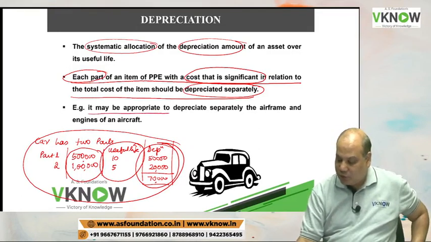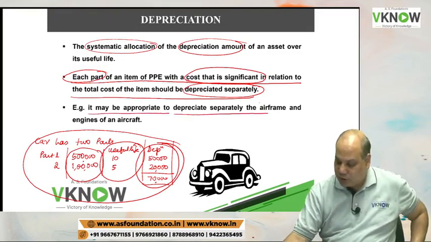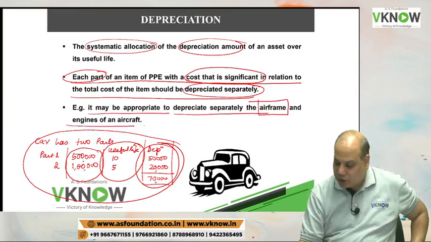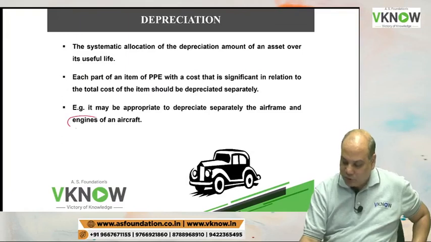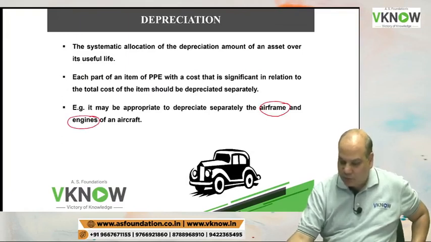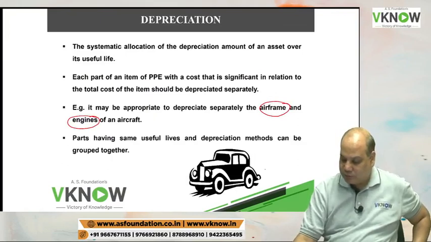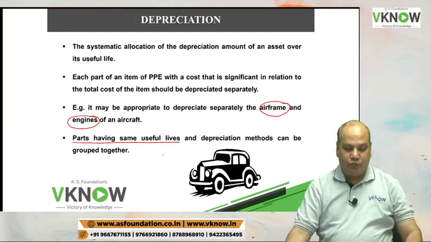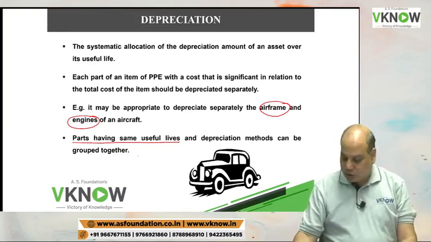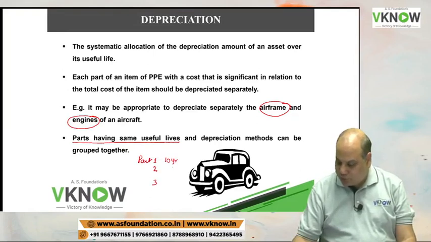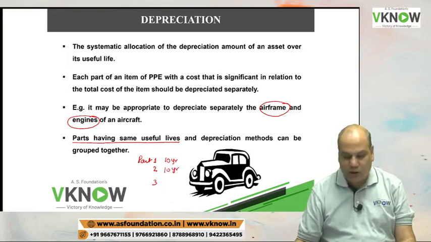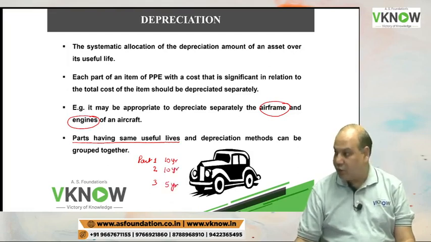For example, it may be appropriate to depreciate separately the airframe and the engine of an aircraft. So in case of aircraft, engine and the airframe can be depreciated separately. Then parts having same useful life: if suppose there are 3 parts, part 1, part 2, part 3, the useful life of part 1 and part 2 both are 10 years and part 3 is 5 years.